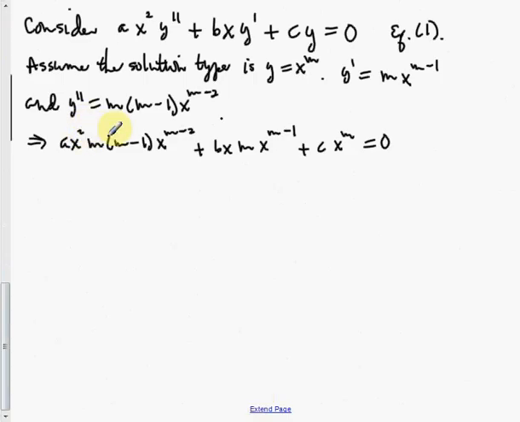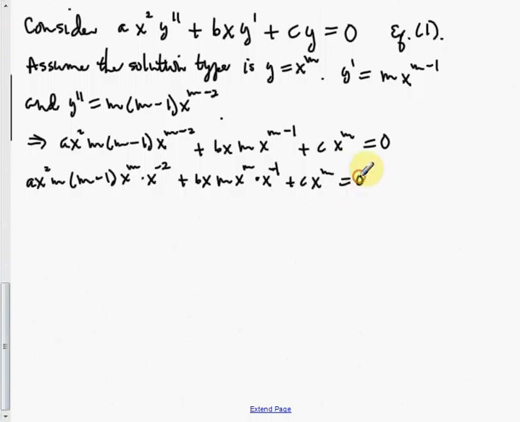Do you see that x squared would cancel out with this x to the negative 2? And that x to the first would cancel out with x to the negative 1? Do you see that? Okay. Somebody don't see it. It's okay. So this is a x squared times m times m minus 1 times x to the m times x to the negative 2. Now do you see that? Are we friends again? Well, maybe not, but okay. Plus b times x times m times x to the m times x to the negative 1, plus c times x to the m equal to 0.